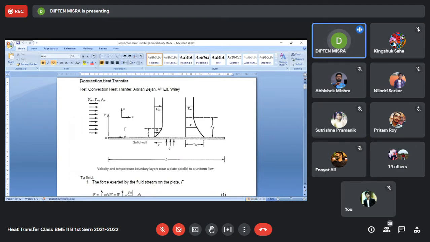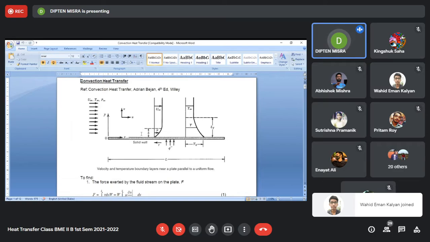So possibilities are that there is a hot wall with a known temperature, or a hot wall with a known value of heat flux, and this wall is in contact with a colder fluid medium, and the fluid medium may be moving because of forced convection, or because of natural convection.